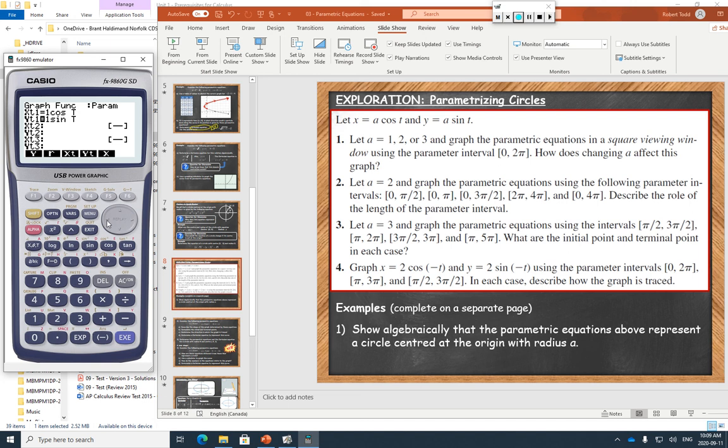Oh, I could arrow to the right first, and then I had to go over. Oh, interesting. Okay, so I'm going to delete that and change that to a 2. And then delete that, change it to a 2. So now I've got 2 cos t and 2 sine t. It's good? Then hit draw, and what do you get? What was different about it?